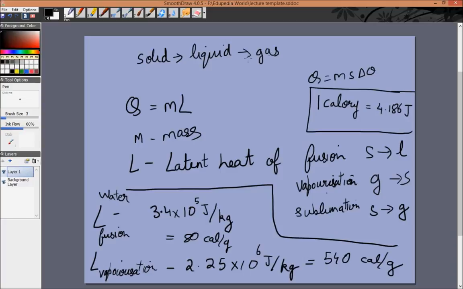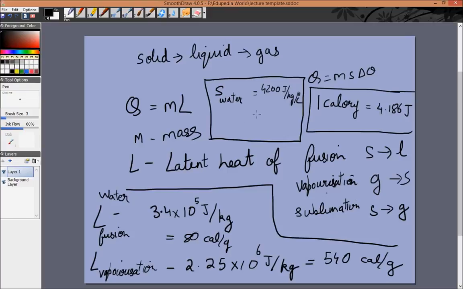Two more quantities you need to remember are the specific heat capacity of ice and water. Specific heat capacity of water is 4200 joule per kilogram per degree centigrade. By the way, in kinetic theory of gases, we had to use Kelvin. Here we can use centigrade or Kelvin because delta theta is a change in temperature. Right? When you talk of change in temperature, Kelvin and centigrade are the same scales.